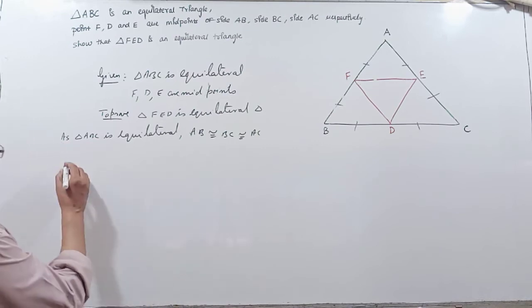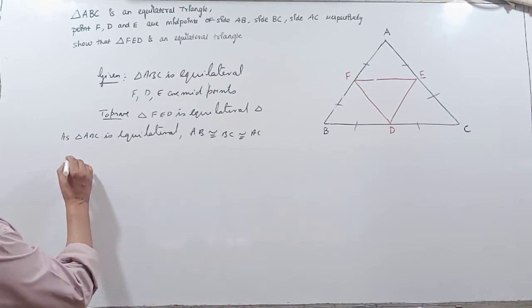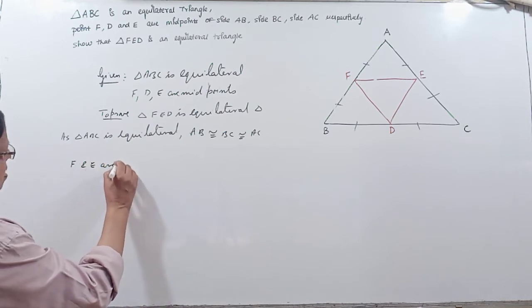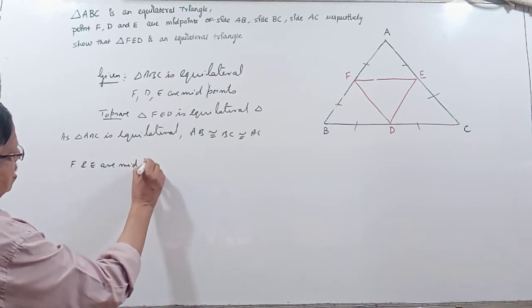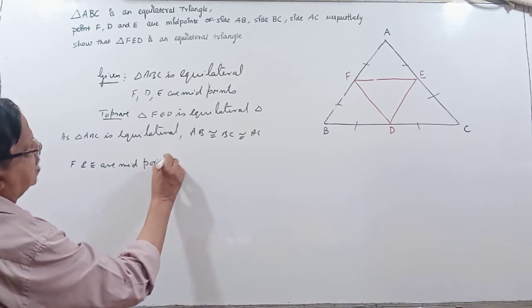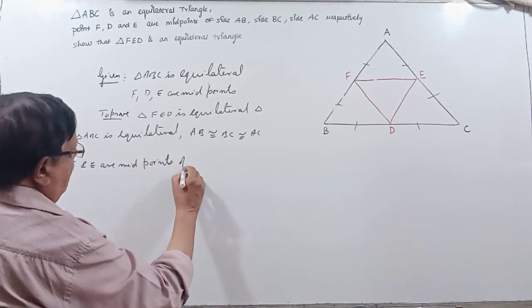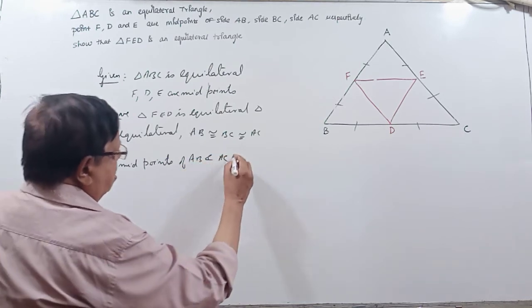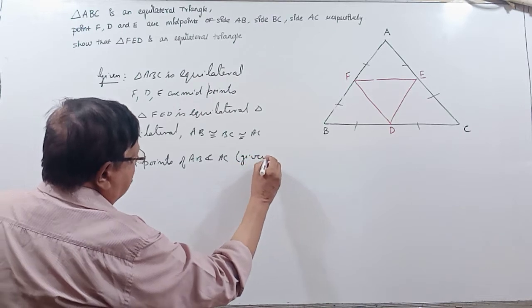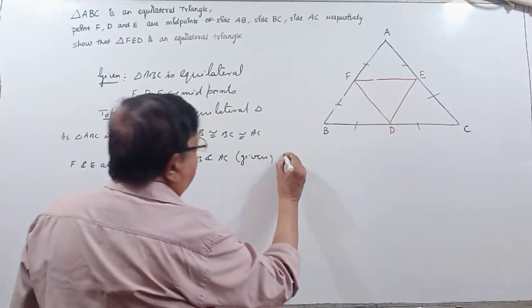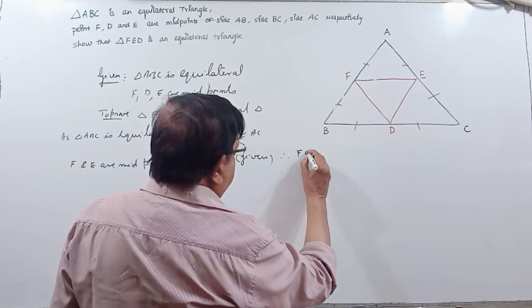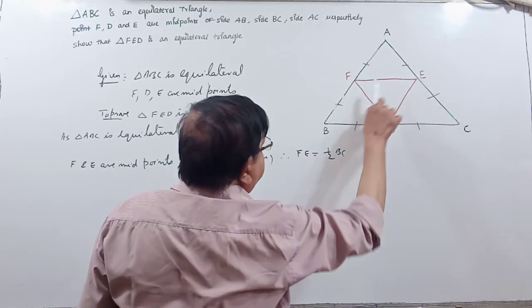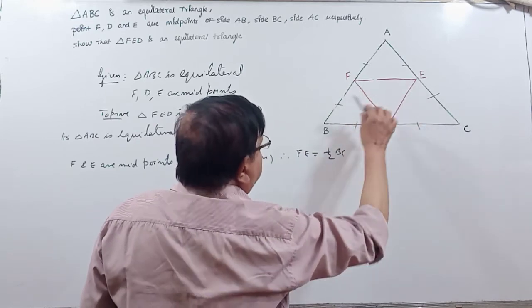Now, F and E are midpoints of AB and AC, given. Therefore, FE is equal to half of BC, because they are midpoints.